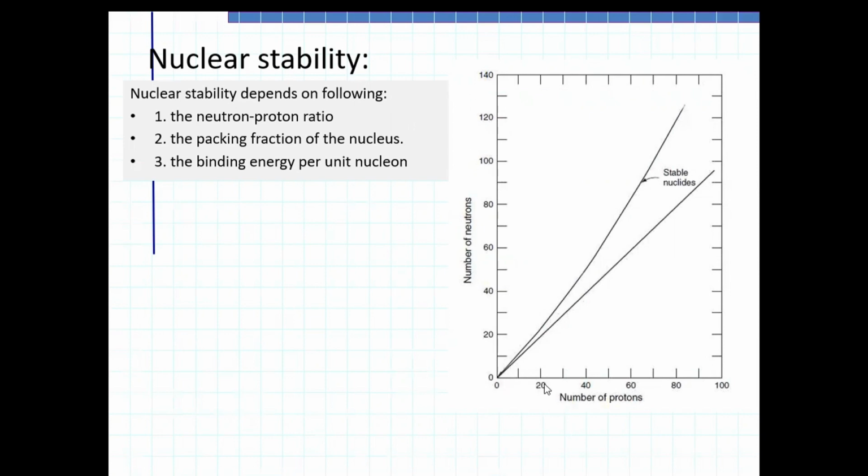If the number of neutrons and protons are equal, then we get this straight line at 45 degrees. However, the curve really deviates. Initially, it is very close to this, the number of protons and the number of neutrons remain the same, but then the gap starts increasing.